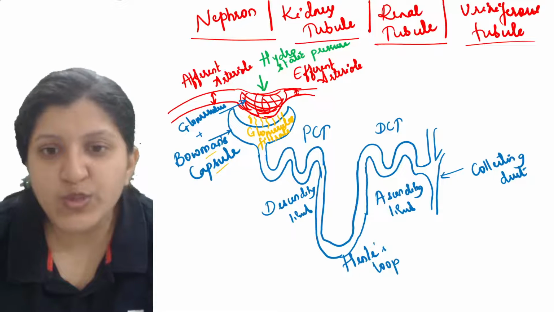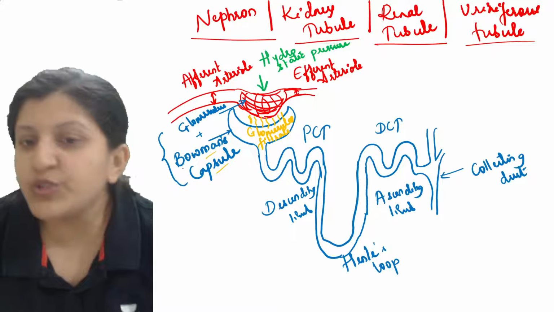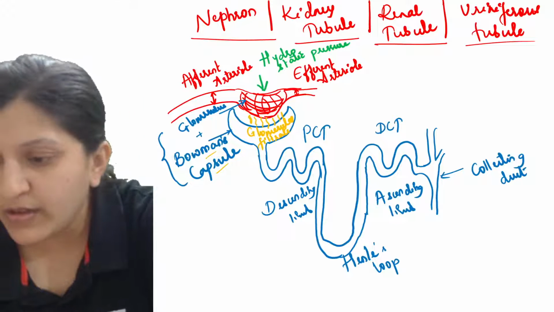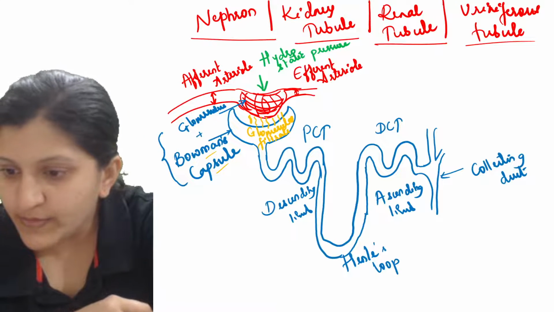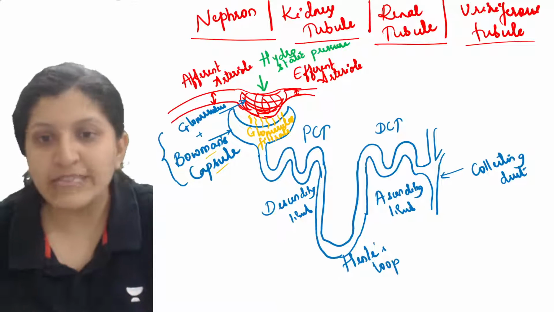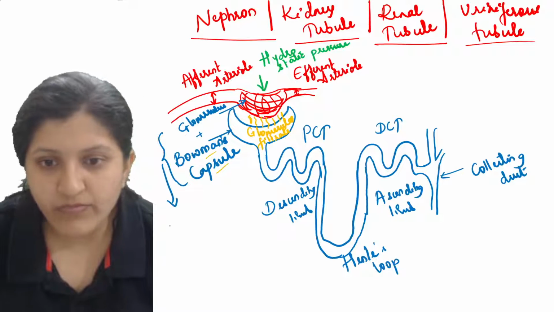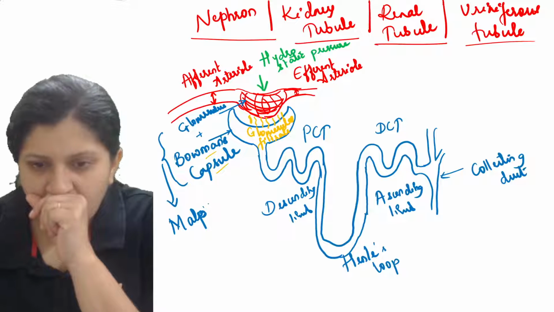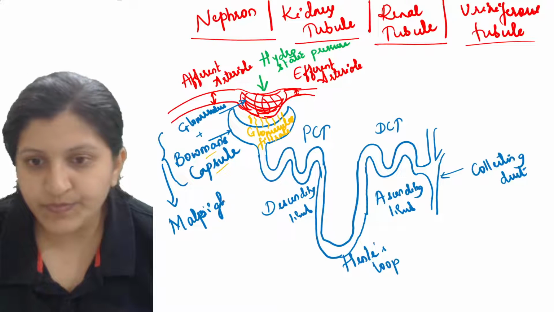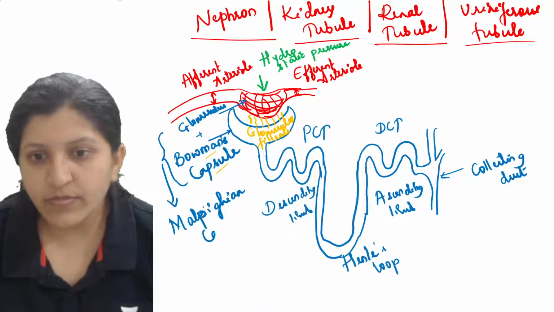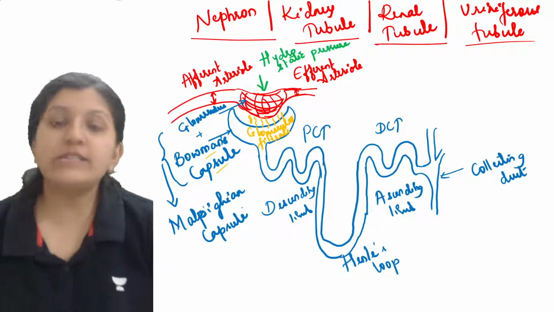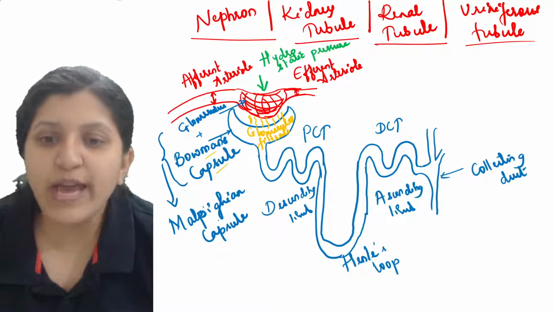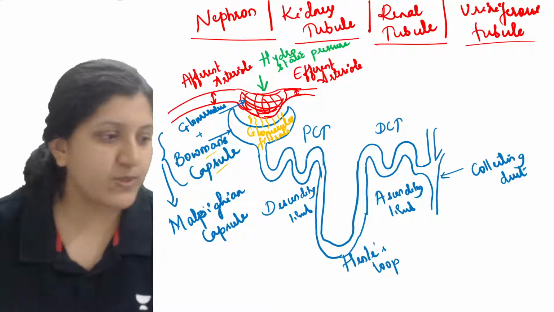Glomerulus plus Bowman's capsule together, we call it the Malpighian capsule, isn't it?